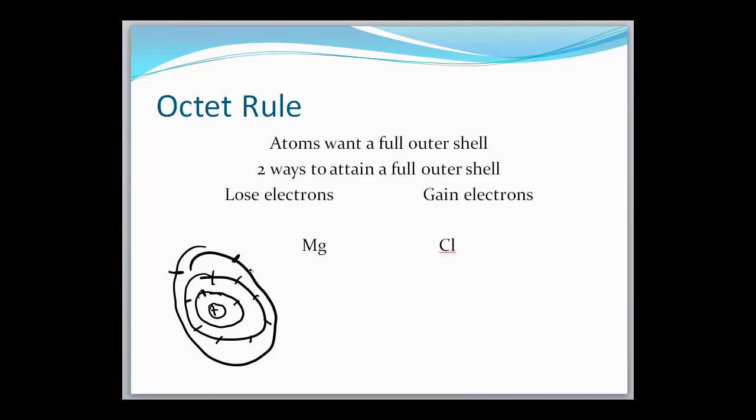So magnesium can either gain 6, or if it got rid of those 2 electrons, now it's got 8 electrons in its outermost shell. So magnesium will get rid of those 2 valence electrons to obtain an octet, or a full outer shell. When it gets rid of those 2 electrons, as we talked about in a previous unit, it's going to obtain a 2+ charge.